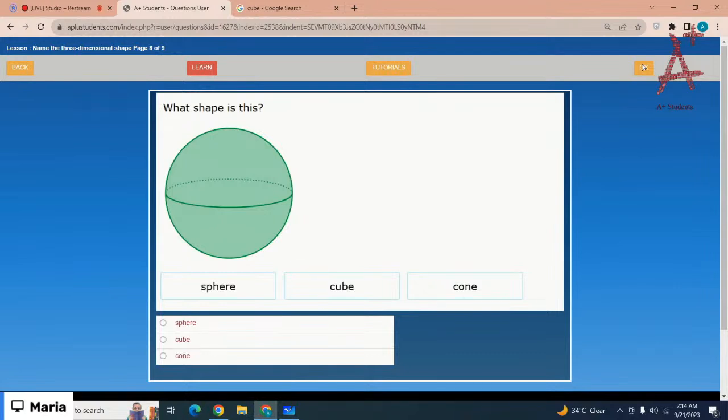What shape is this? Which is the correct option? Yes, that is a sphere. The correct option is sphere.